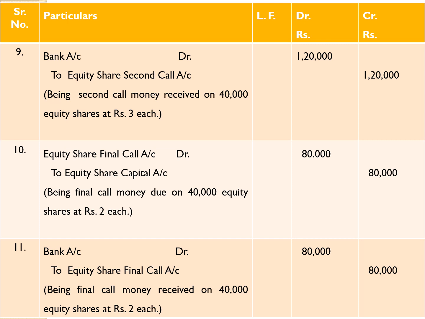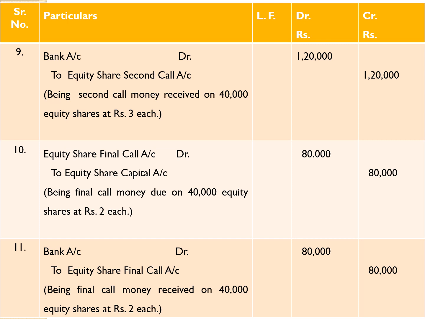Therefore, the entry for it is bank account debit 1,20,000 to equity share second call account 1,20,000. Being second call money received on 40,000 equity shares at rupees 3 each.